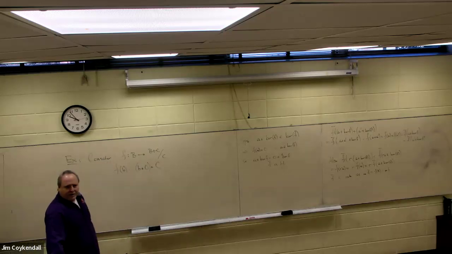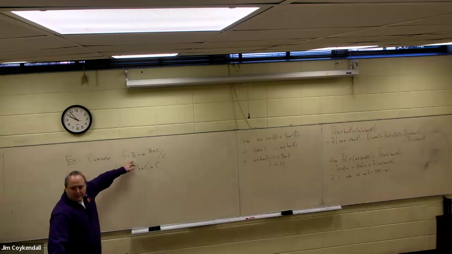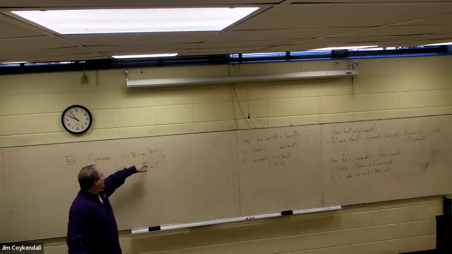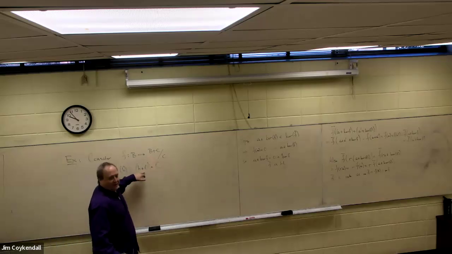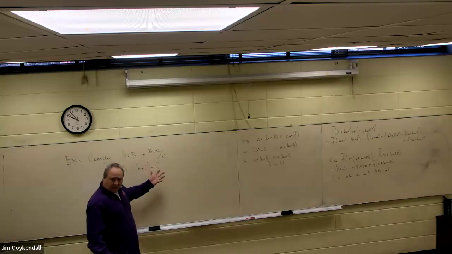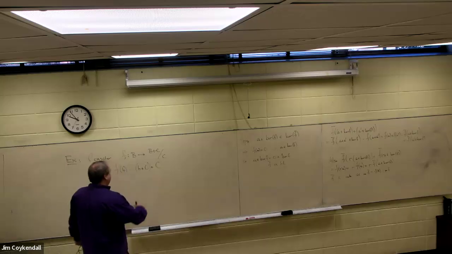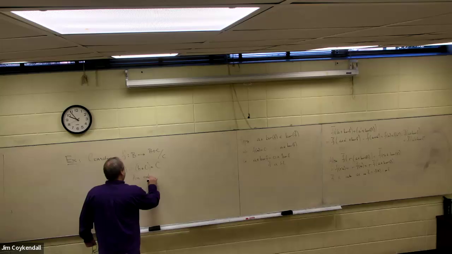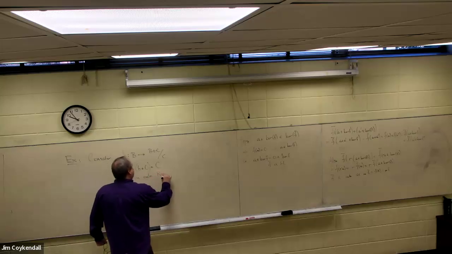Here's Jim's hillbilly homomorphism from B to B plus C mod C, because it's the easiest thing I can think of. Input B, output B plus 0 mod C. Verify that this is an R module homomorphism, not too bad. Verify that this is onto, that's also not so bad. And this is an onto R module homomorphism.